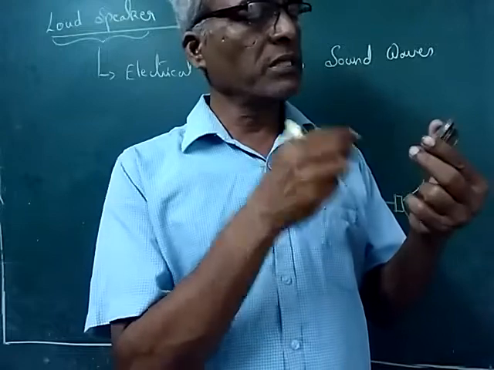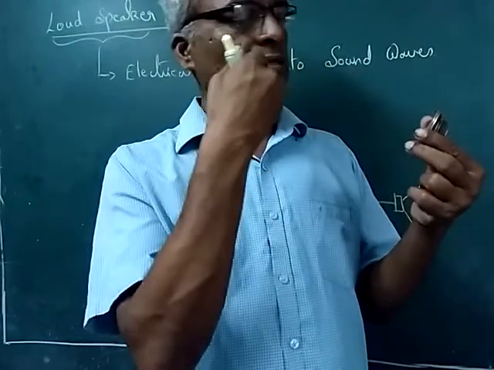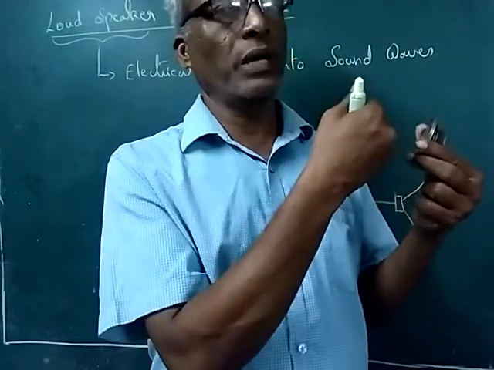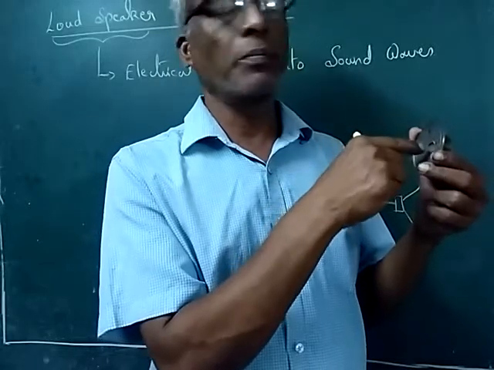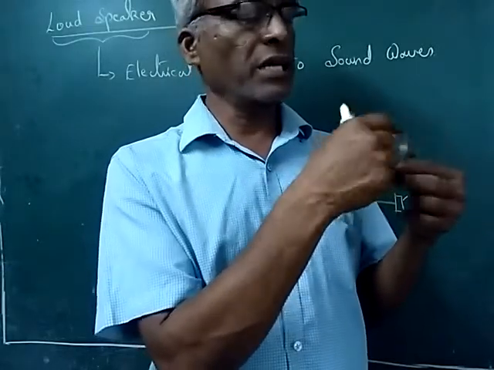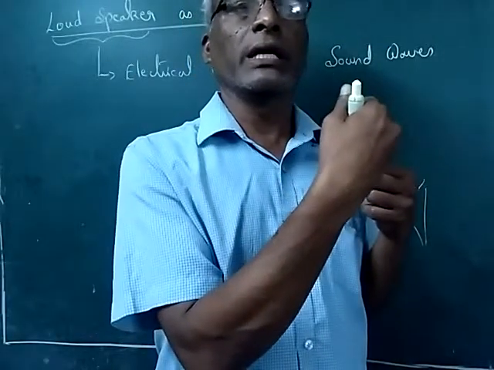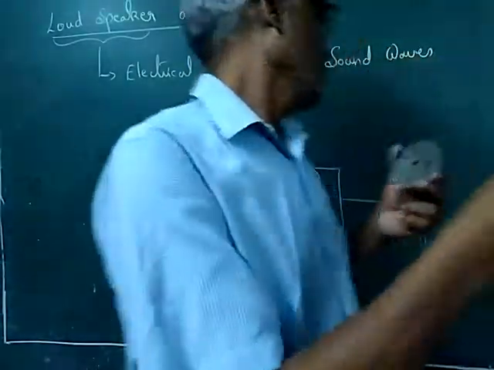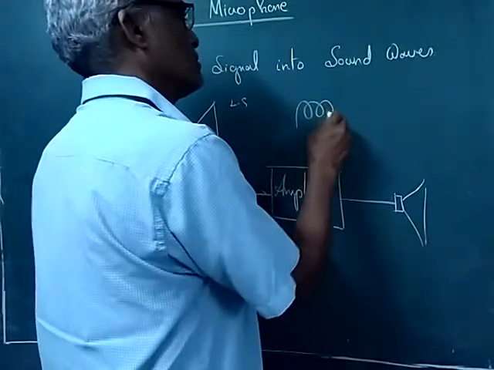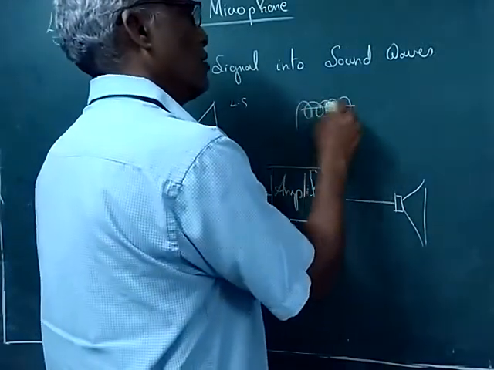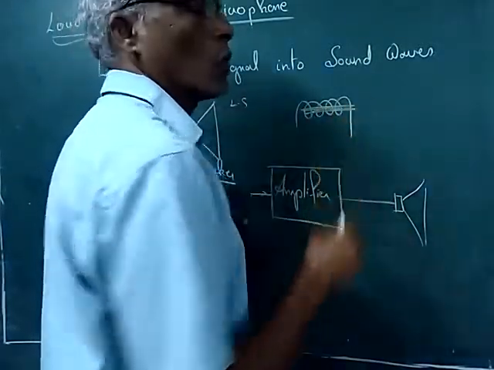So now what happens is, since we are transmitting sound waves, the sound waves vibrate this cone paper. The cone paper is connected to the coil. So the coil will start oscillating. Inside the coil, see, the coil will be like this. Inside the coil you will have a soft iron core.